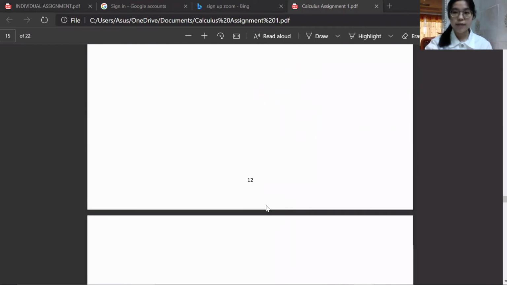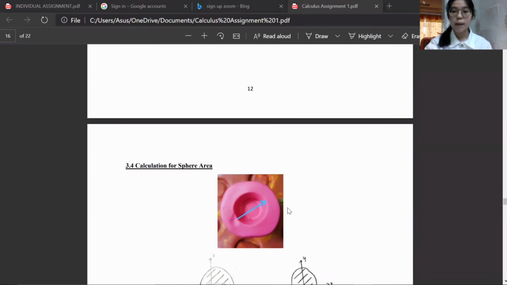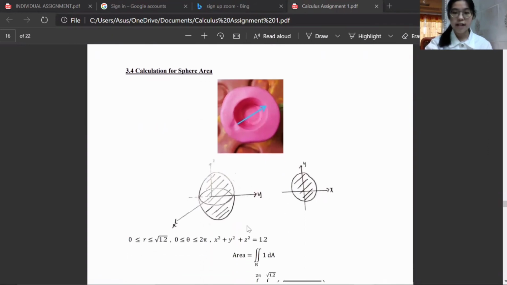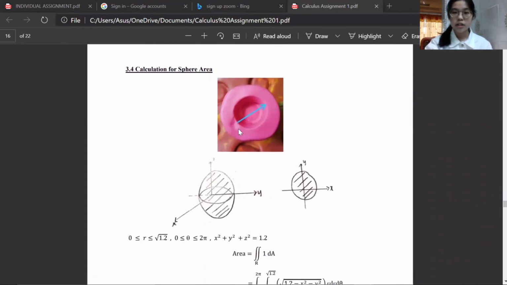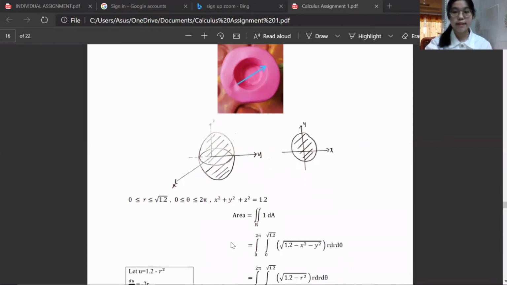The last shape contained in my coupling shaft is also a sphere shape, which is located above the cylinder. The diameter of this sphere is 2.4, and divided by 2, the radius becomes 1.2. I still use polar coordinates to find the area, and cylindrical coordinates to find the volume.